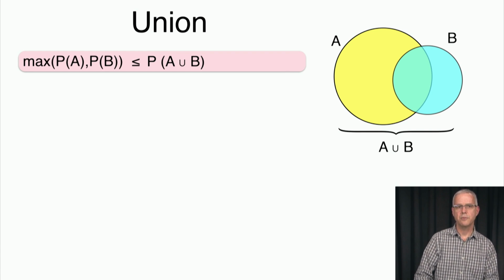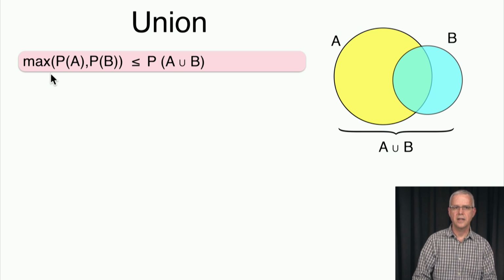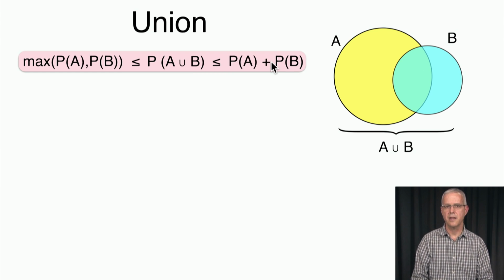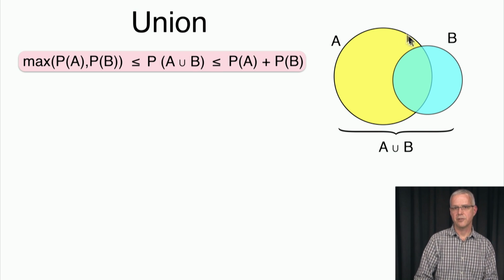The lower bound will say that the probability of A union B is at least the maximum of the probability of A and the probability of B. Very natural here. The probability of the union is at least the probability of A, and the probability of B, so it is at least the maximum of them. And the upper bound, also natural, says that the probability of A union B is at most the probability of A plus the probability of B. Again, very natural, because we have here the probability of A plus the probability of B. It should be at least the probability of the union.